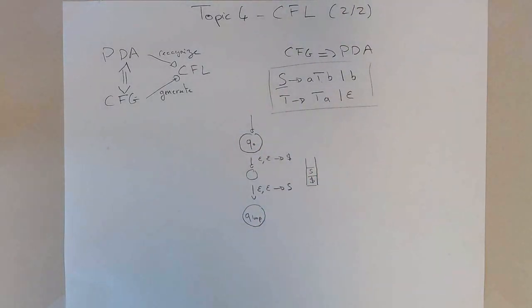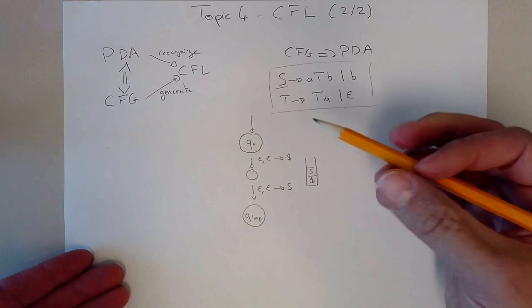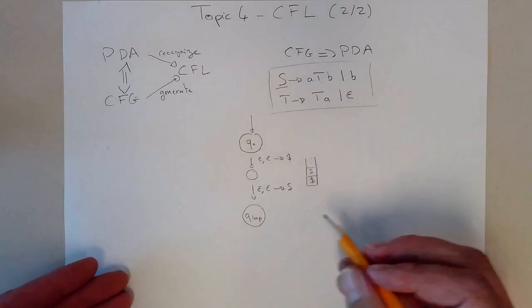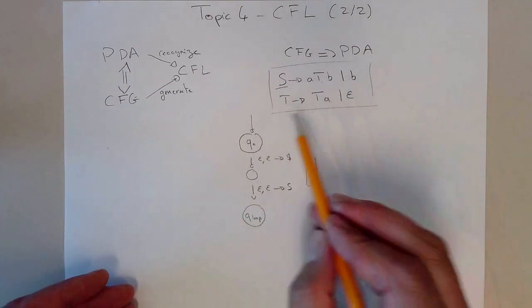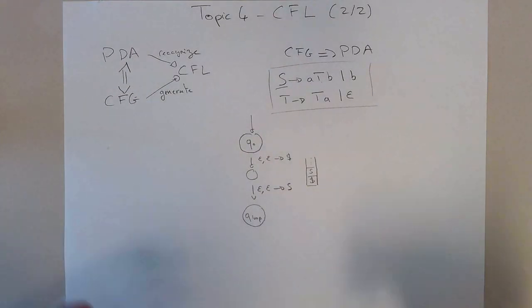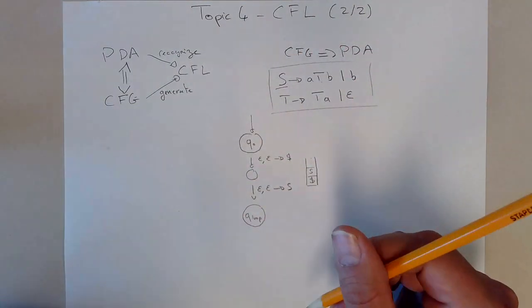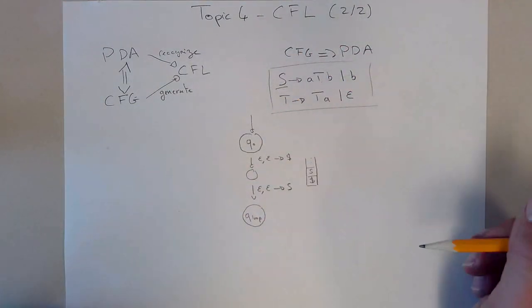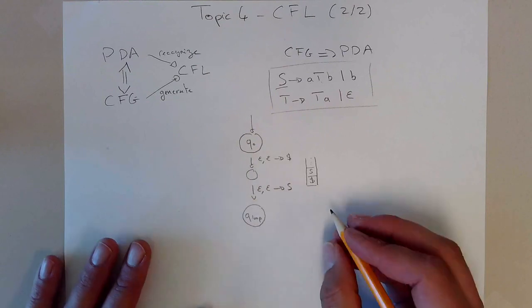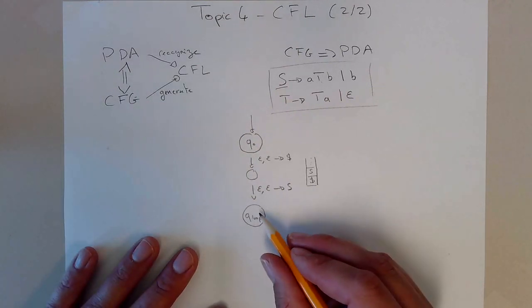How does it work? We're basically going to load the rules into the stack. So you can add on top of the stack as many instances of these rules as you want, as many as you want to use, just like you do when you actually use the substitution rules. We're going to do that for each of the rules.